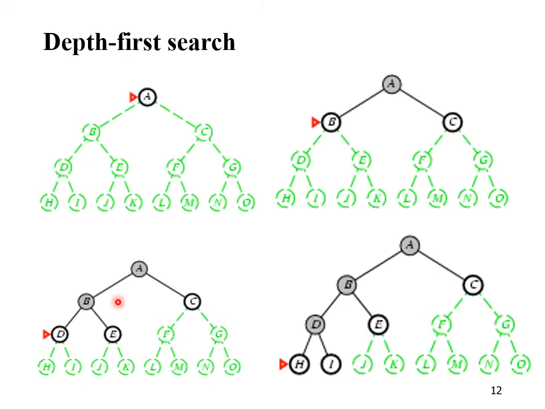Further we will explore B. It means we will open the successors of B, that are D and E, in the open list. Then D will be on the top of the stack. So we will further explore D, and its successors will be H and I. If H doesn't have successors, then we will check whether H is a goal node. If H is not a goal node, then we will go in its right direction.